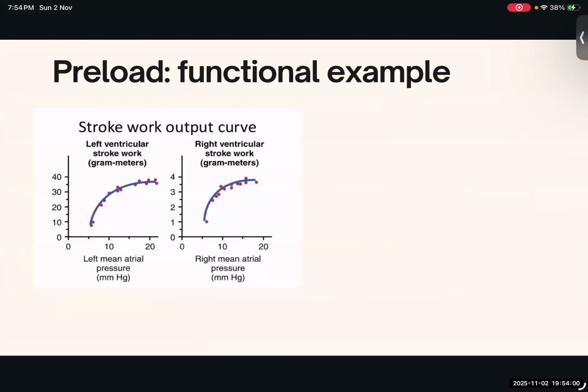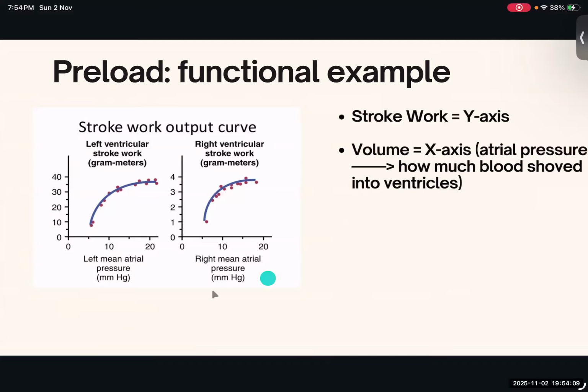Here is the stroke work output curve. Now, Dr. Modi put this in the slides. So for the sake of completion, we'll be going over it. Here we have the stroke work, i.e. the strength of contraction, on the y-axis, and then the volume is going to be across the x-axis.